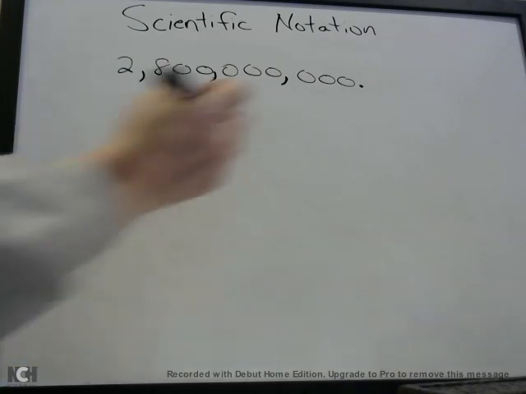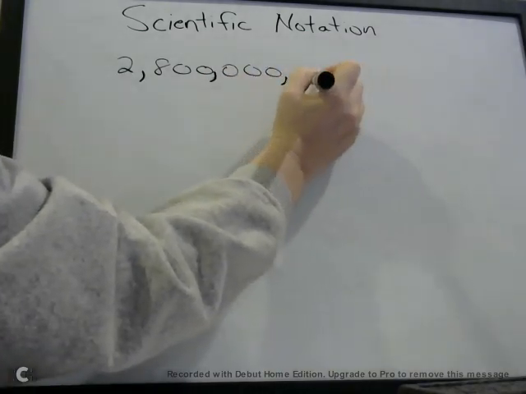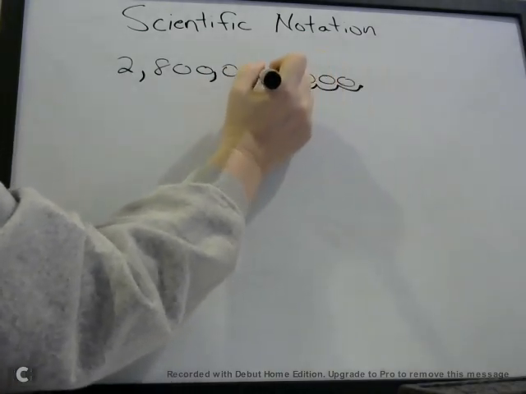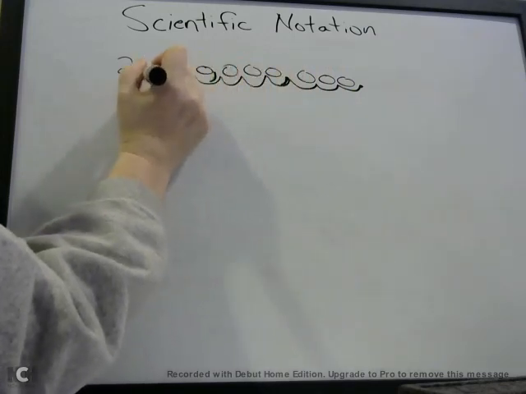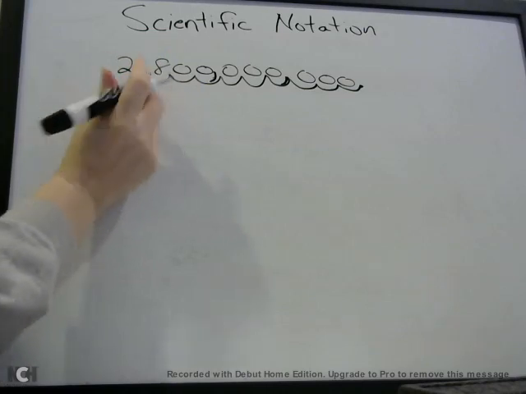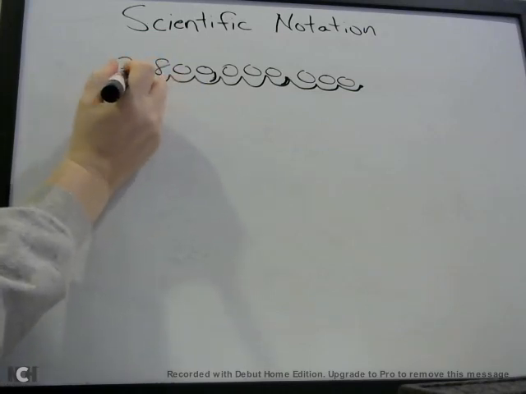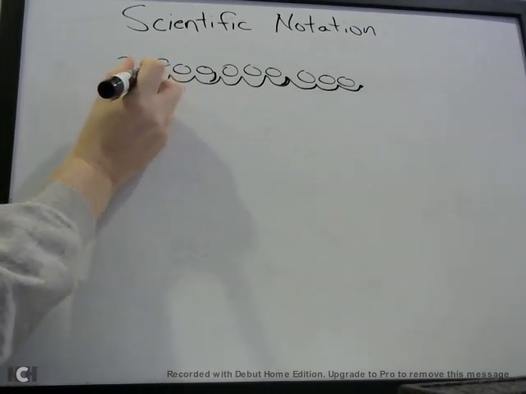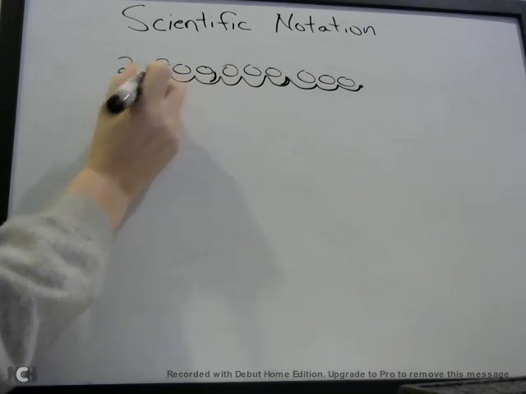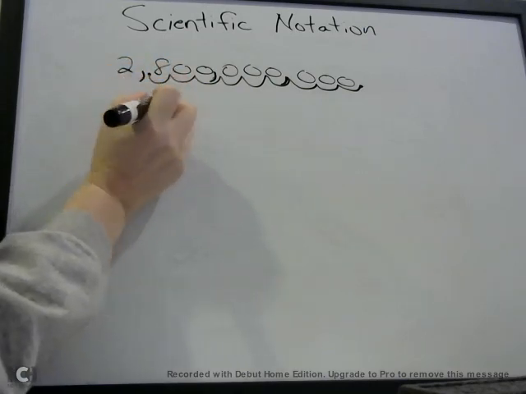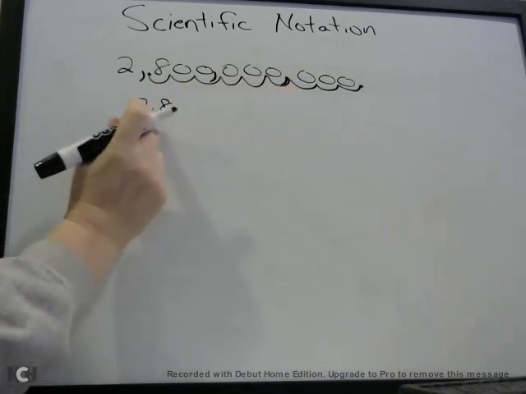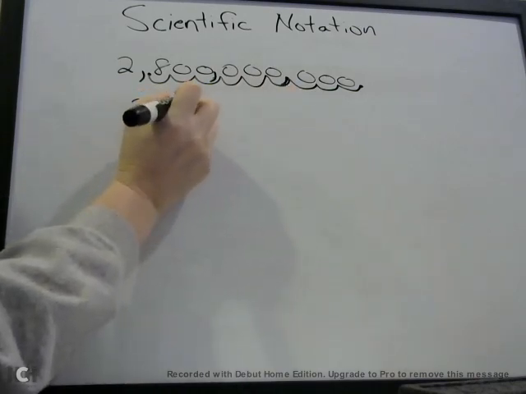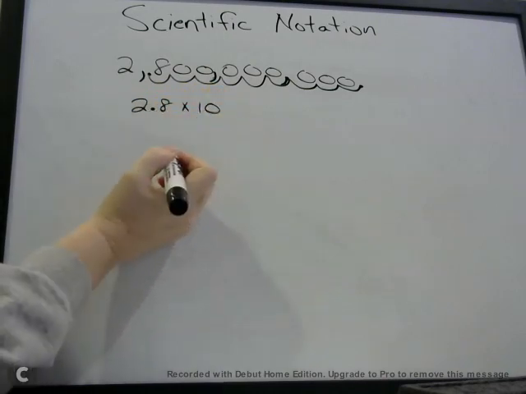So in this one, we'll move it 1, 2, 3, 4, 5, 6, 7, 8, 9 spots. When we get to the 9th spot, there's only one digit to the left of it, 2, so we stop there. So we have now 2.8, and there's all those zeros after it, but I'm not going to write those since they're zeros. 2.8 times 10, how many spots did we move it? 9.